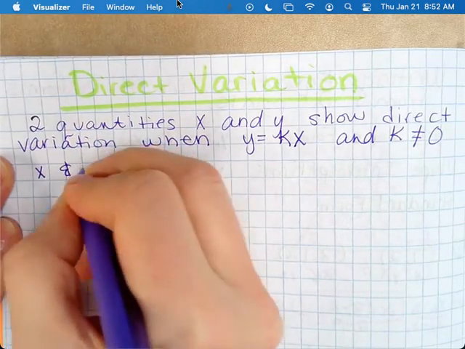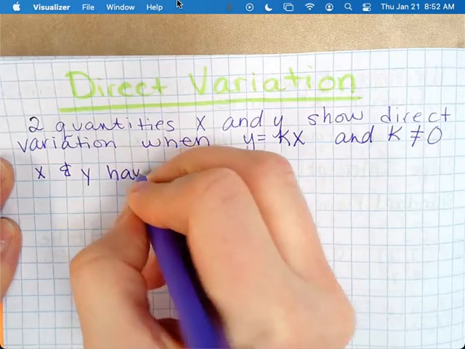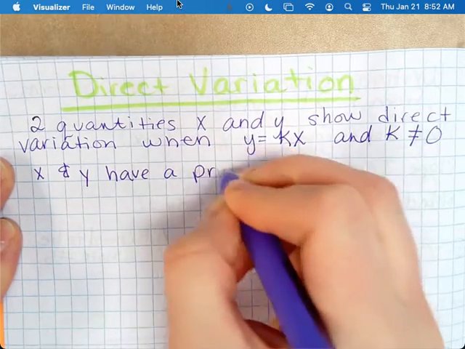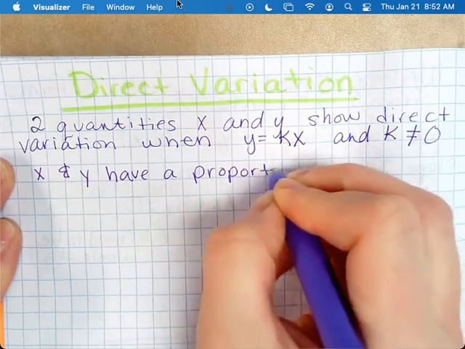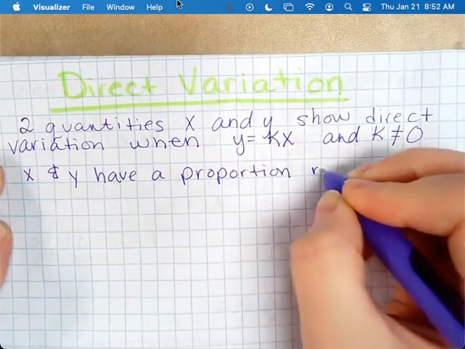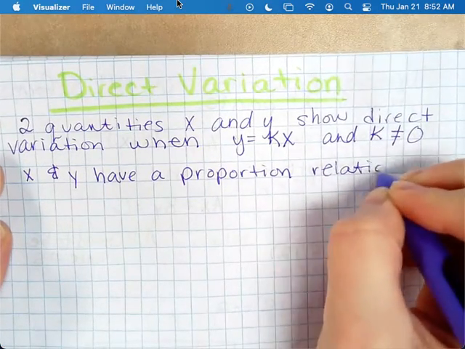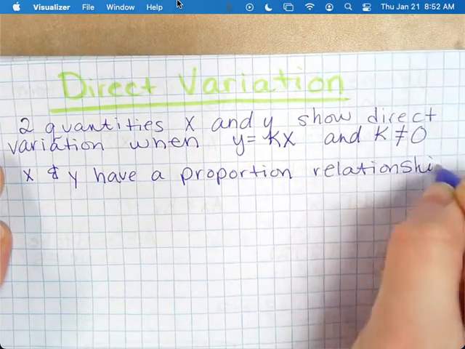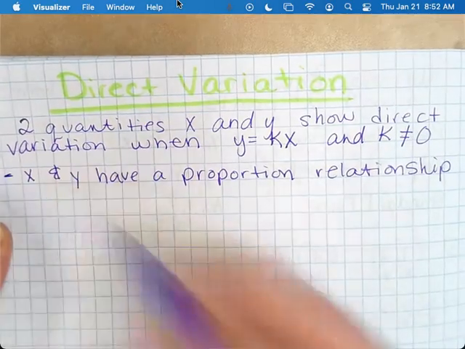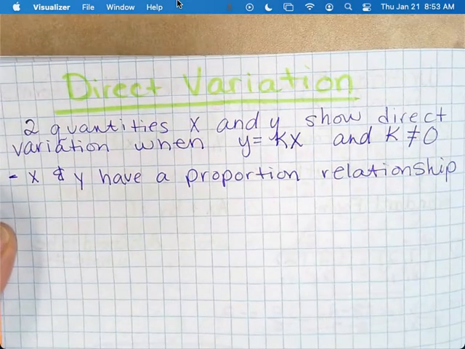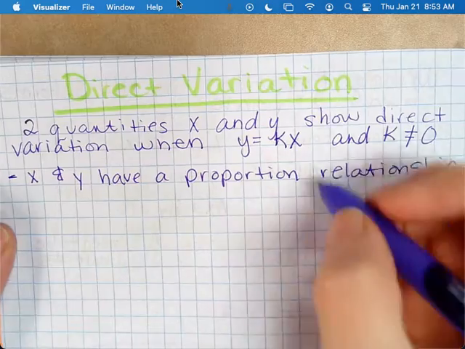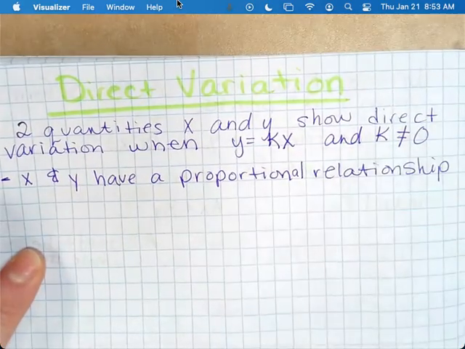X and y have a proportional relationship. Proportional, forgot my AL at the end of that.